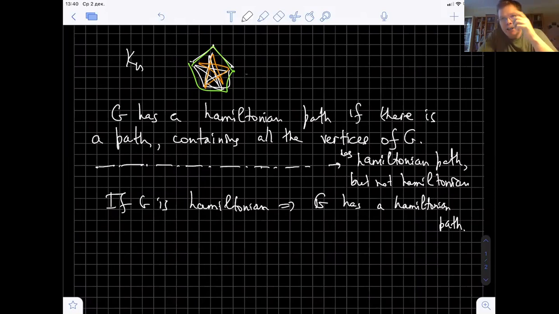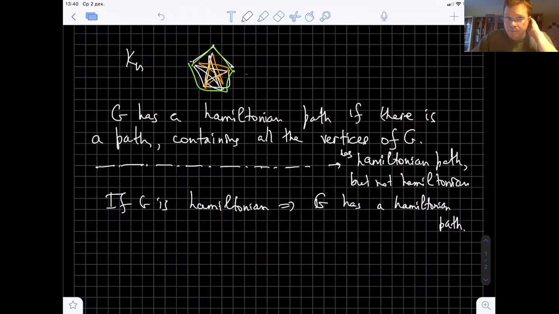For an Euler graph, we can just look at the degrees of all the vertices, and if G is connected and all the vertices have even degrees, then G has an Euler circuit. But now we don't have any such criterion. We have only sufficient conditions, but we don't have any if and only if rule.